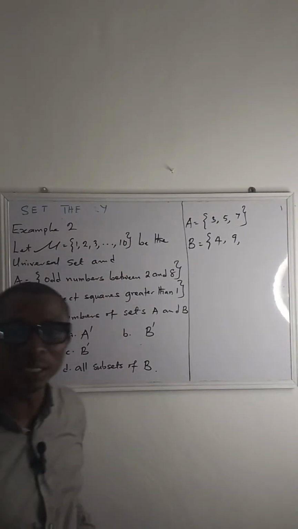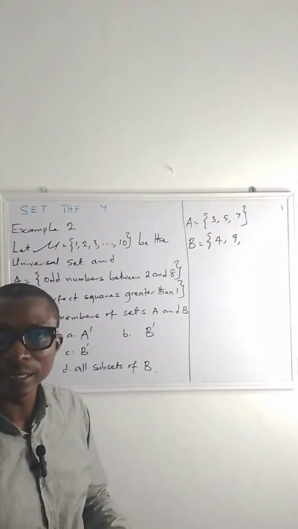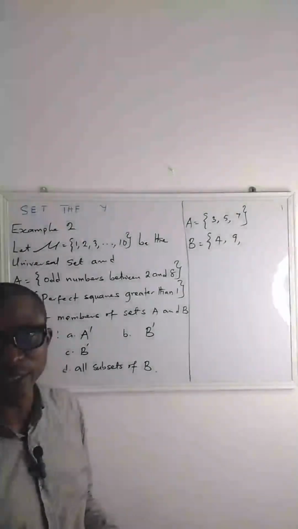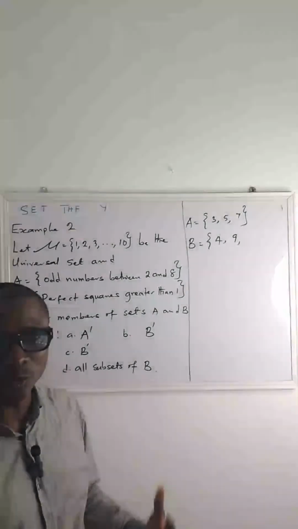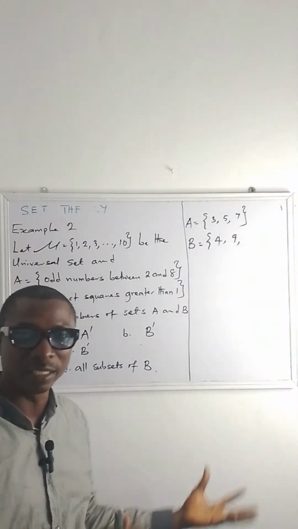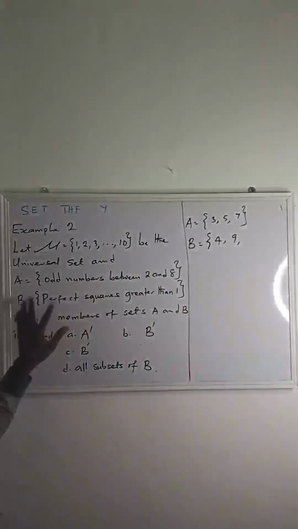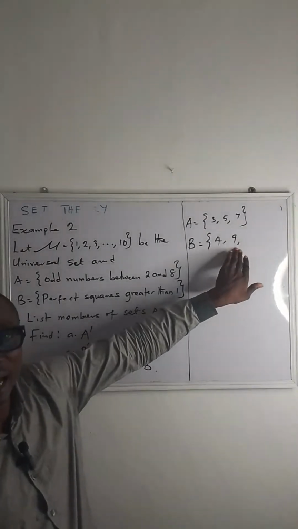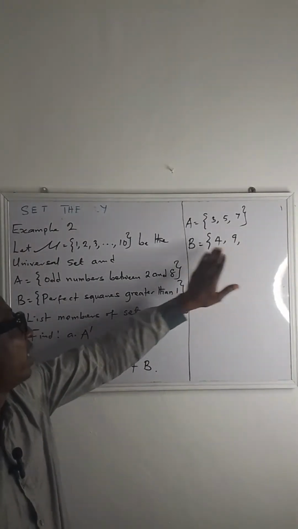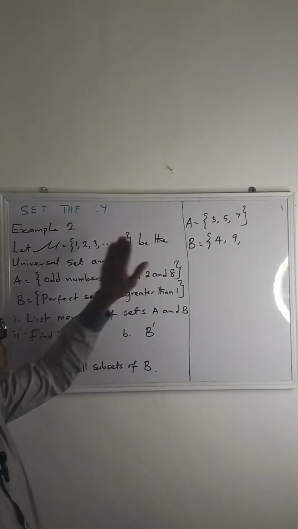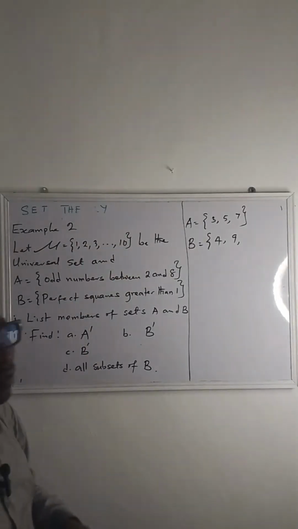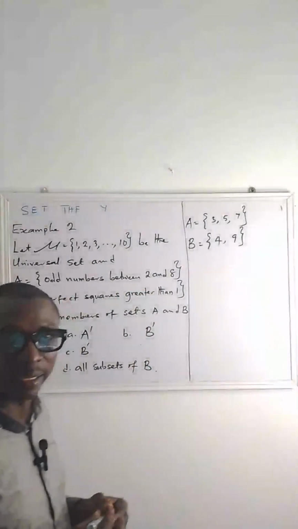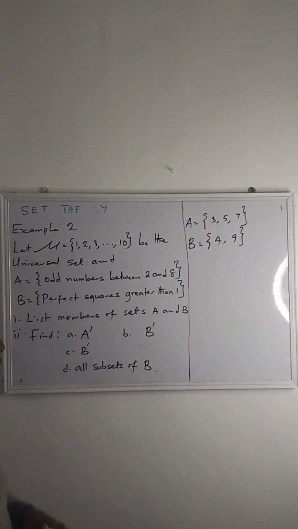You cannot claim you are from Ogun State and say you are not a Nigerian, because Ogun State is a subset of Nigeria. The same thing applies here. B is a subset of the universal set. So I can't list 16, because 16 is not in the universal set.